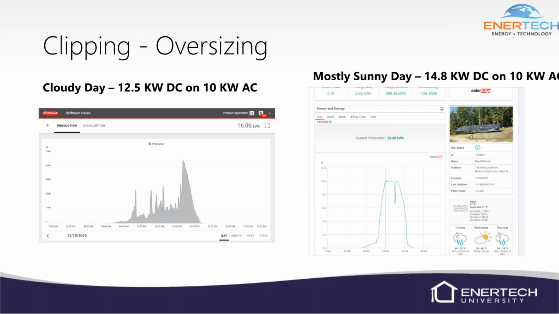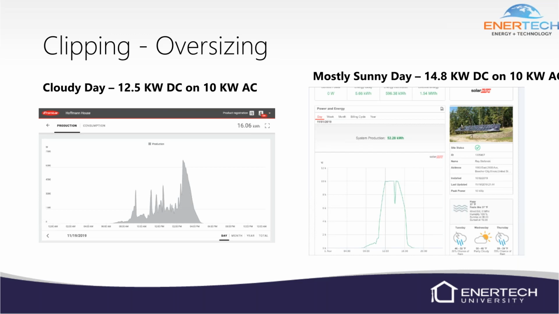On a cloudy day, you can see we're not going to be producing quite as much, but there are peaks and valleys in there. On the right side, on this sunny day, we're producing power, and then the inverter says, oh, I'm only at 10K, that's as high as I can go. So we level off there on your production.